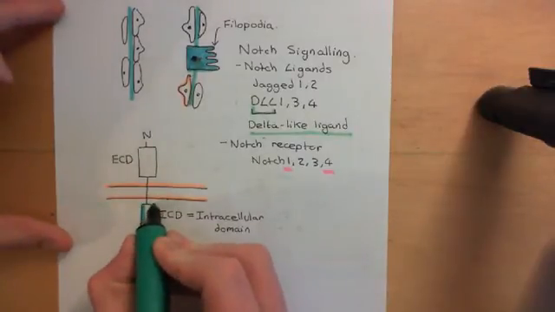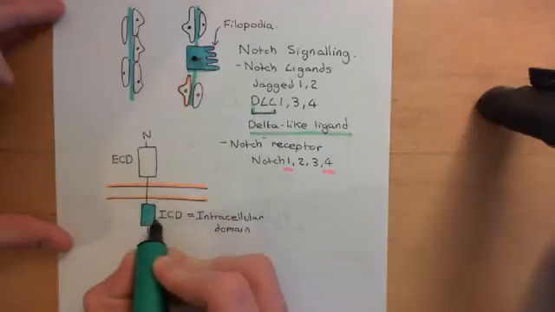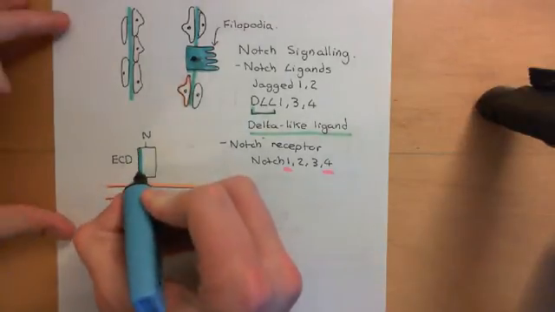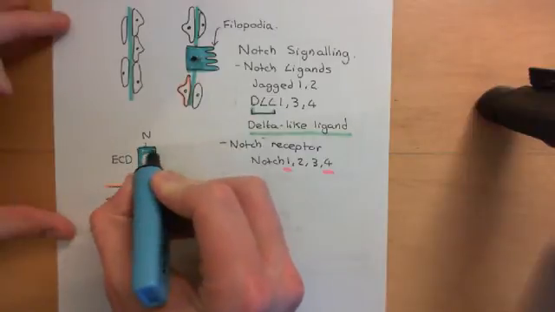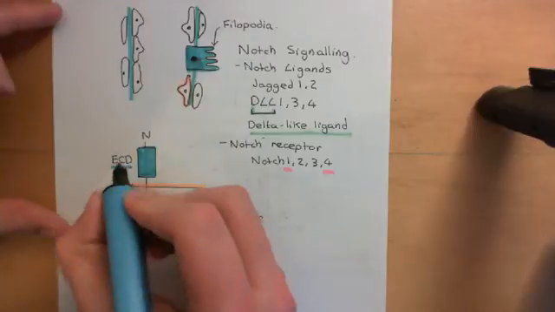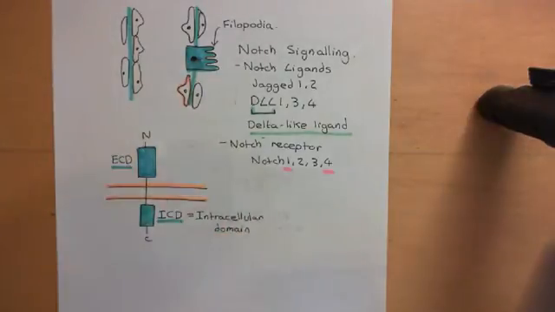We'll have the intracellular domain in turquoise here, and we'll have the extracellular domain here in blue. So endothelial cells usually have these receptors, notch 1 and notch 4, which both look like this on their surface. Now, the ligand for these receptors is not usually expressed on the endothelial cells.